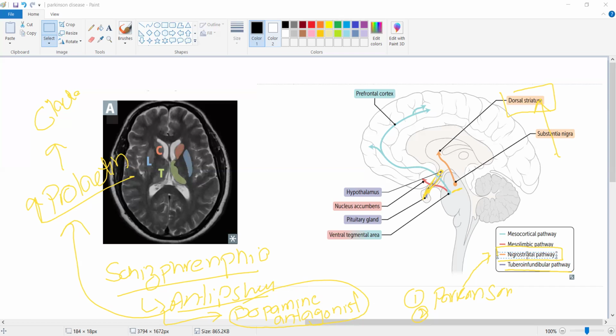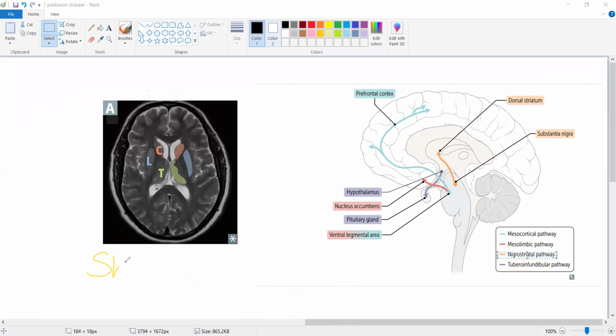Okay, I modified this question again. Schizophrenia plus antipsychotic.